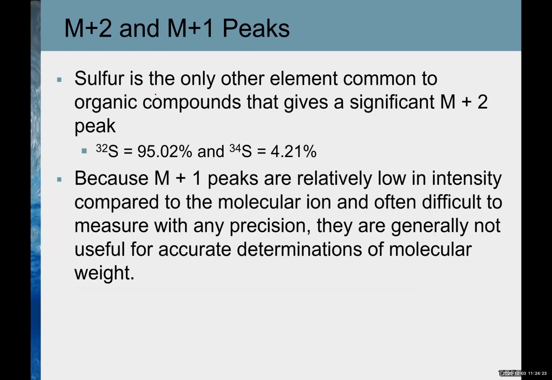So sulfur is the only other element which also gives a significant M plus 2 peak, because the isotope abundance is 95 and 4%. So relative intensity is about 4%.